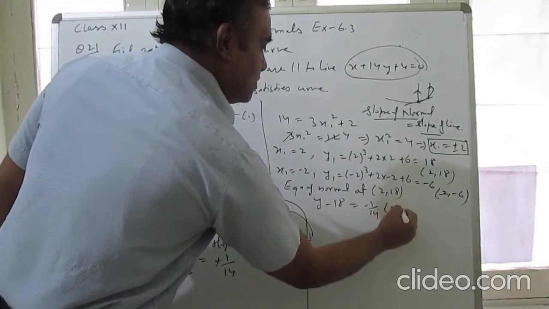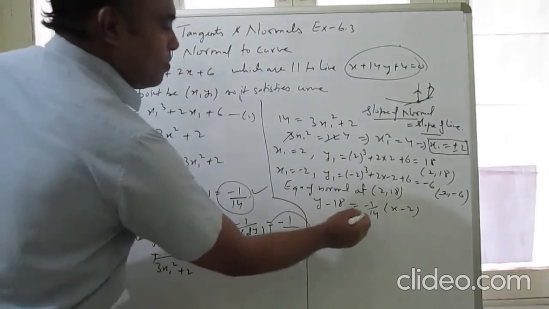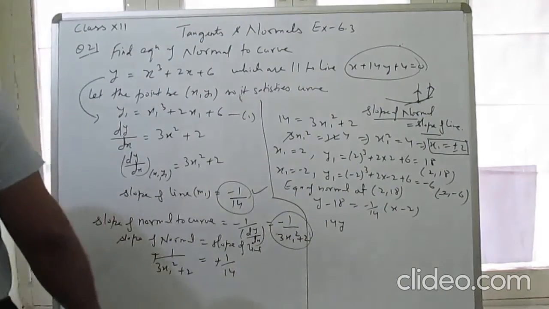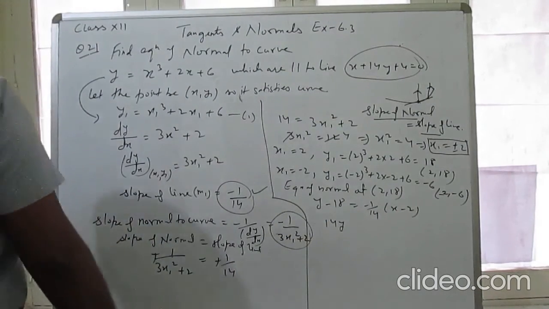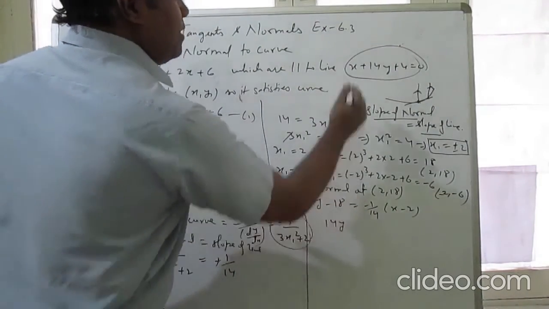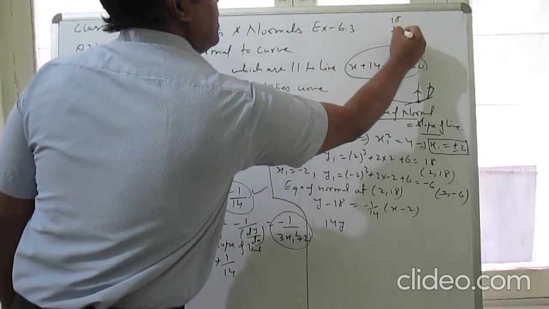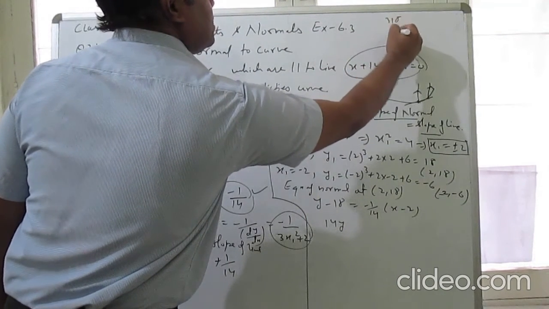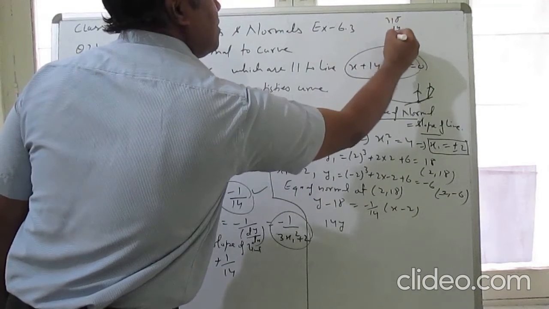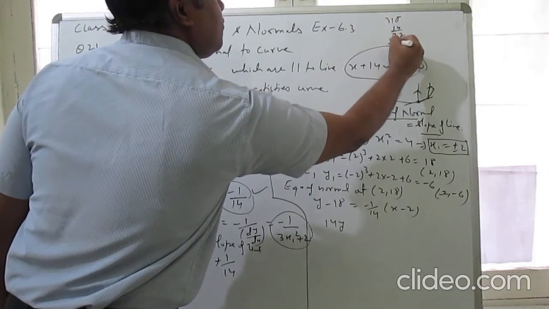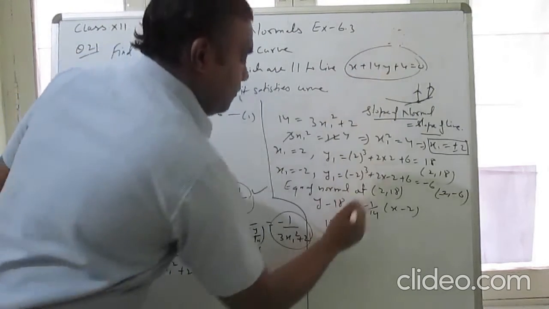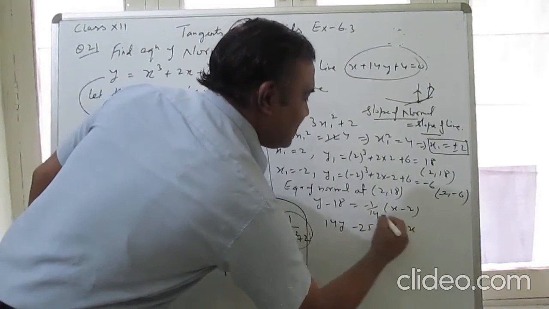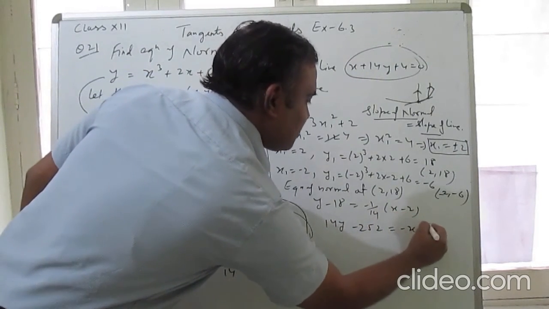Now x minus x1, that is x minus 2. Multiplying by 14: 14y minus 14 into 18, which is 252, is equal to minus x plus 2.